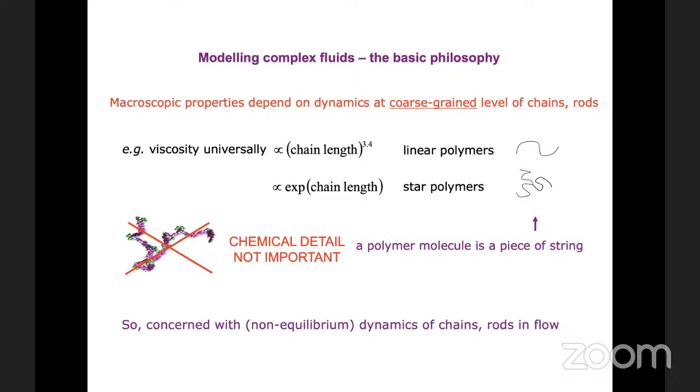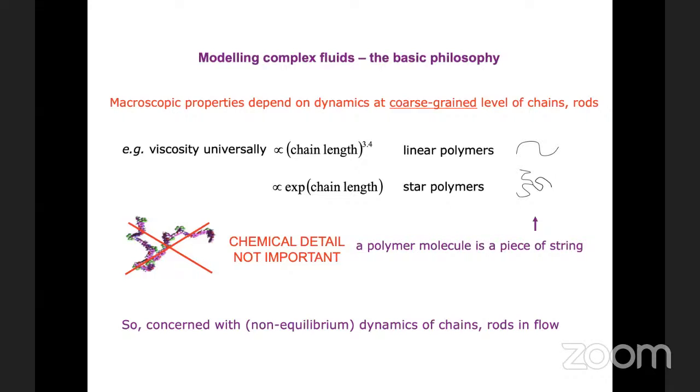Okay, so we've given a basic introduction to complex fluids. Now we're going to talk about how we model them theoretically. So before diving into any equations, I just want to talk a little bit about the basic philosophy that the school that I originated from, which is that of condensed matter physics, takes to modeling the flow behaviors of complex fluids.